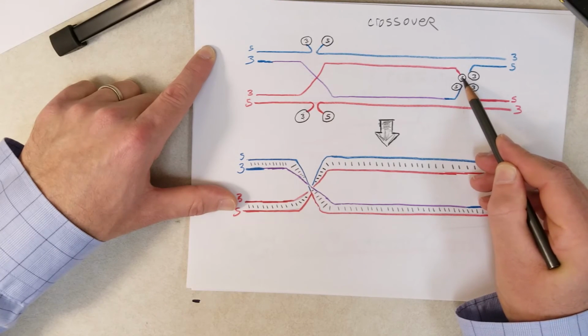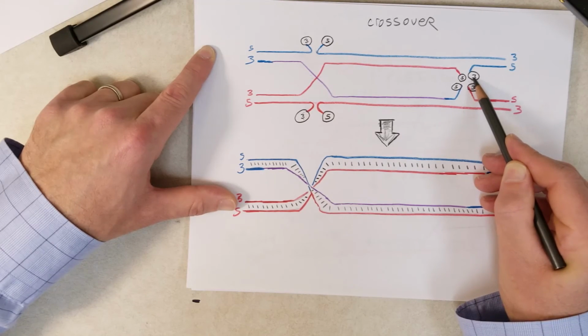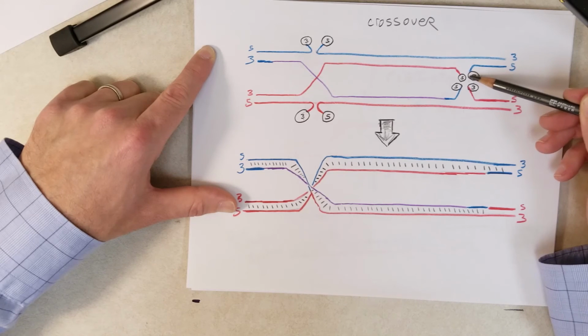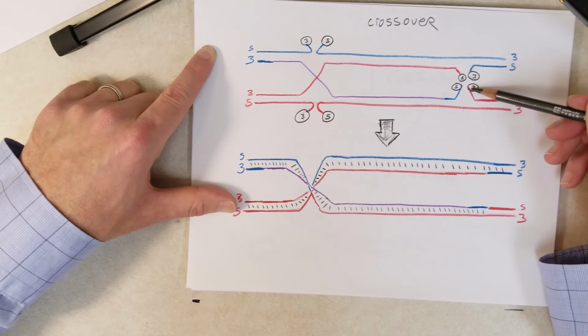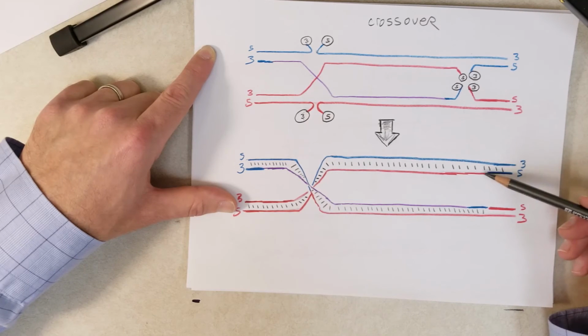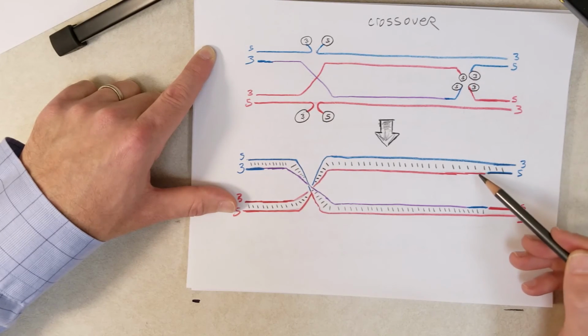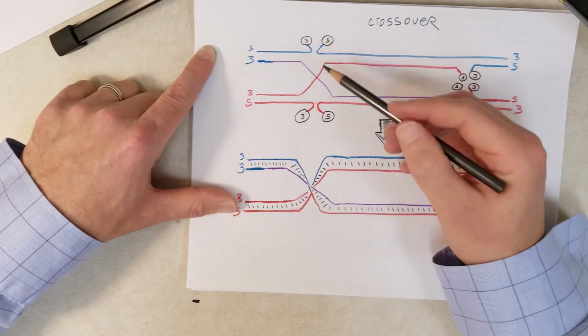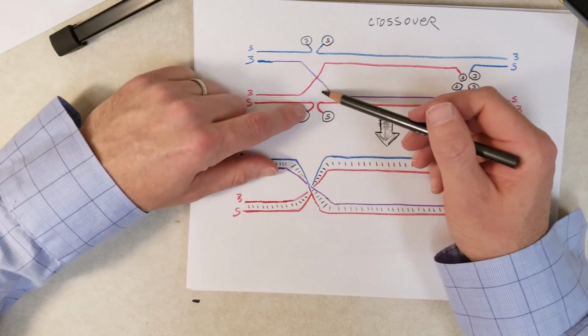And remember, 5' ends represent phosphate groups, 3' ends represent hydroxyls. And this one's easy. This is just like the previous scenario where this 5' is joined to that 3' by ligase. So we end up with something like this, where this red is joined to blue, and this blue is joined to red. However, here, this is something new, right?